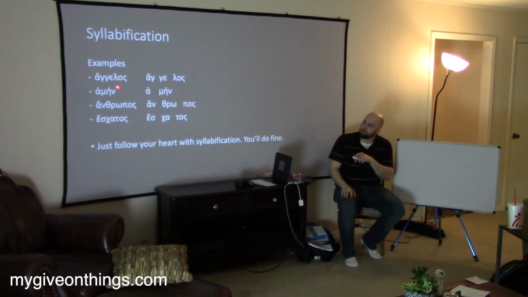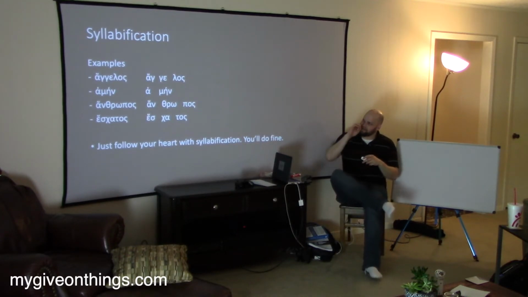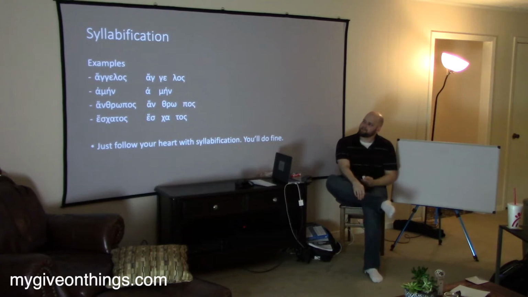So look at some examples. Somebody pronounce this word for me. It's got all those tricky letters, right? Is that three straight vowels? No, it's alpha, mu, eta, nu.